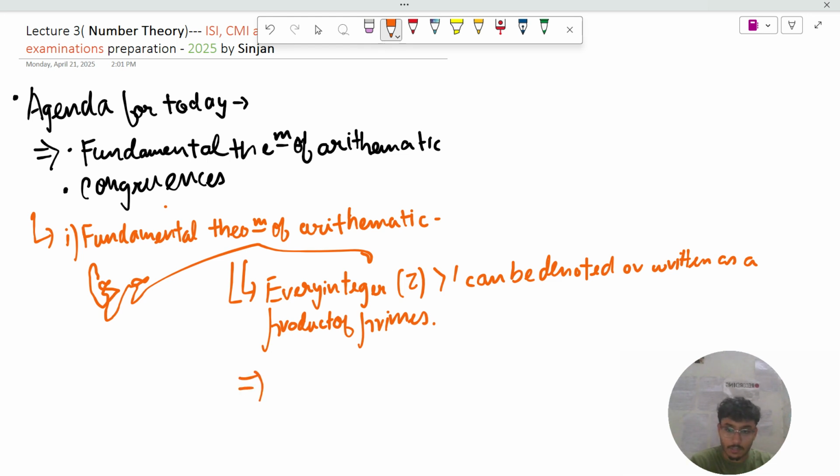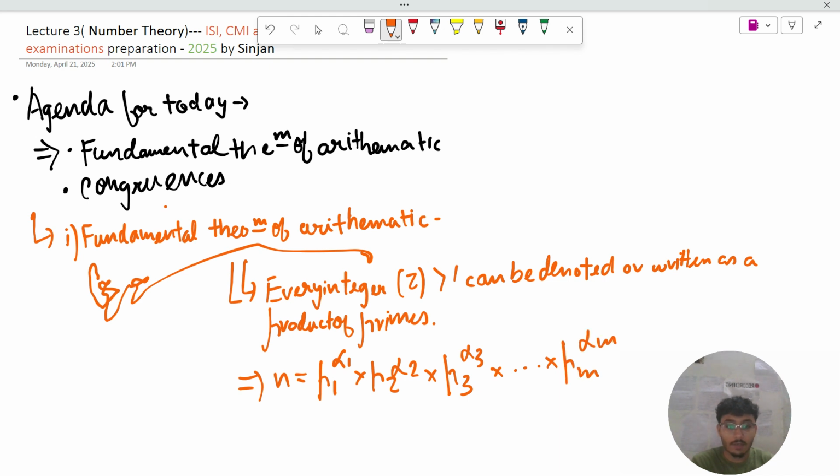So basically, if I want to recreate this, n is equal to p1 to the power alpha 1 into p2 to the power alpha 2 into p3 to the power alpha 3 into dot dot dot into pm to the power alpha m, where p1, p2, p3, all the way till pm are distinct primes.